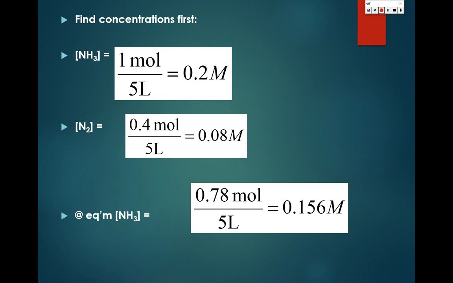When you are proficient with this and you've done a bunch of these, if you just want to write these numbers in your ICE table, like you don't even show this calculation, that's fine too.